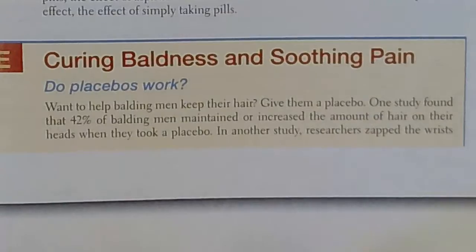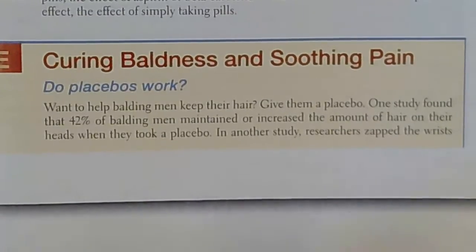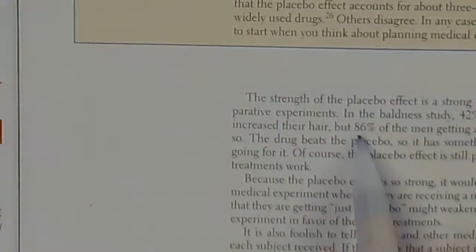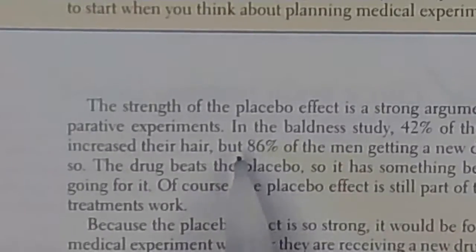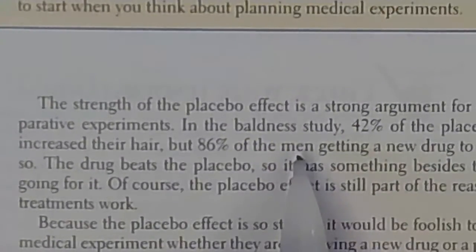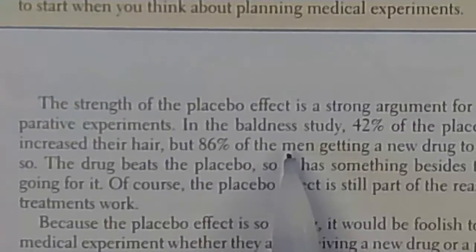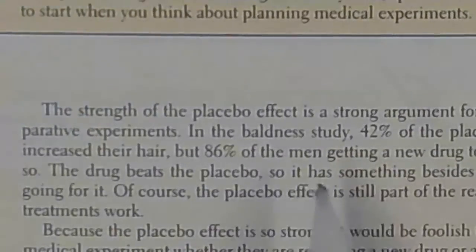Okay, so 42% effectiveness with a placebo. It was fake cream. The other people that actually had the cream showed 86% of the men either maintained or grew hair. So that's something you got to think about when getting a medicine and doing these treatments.